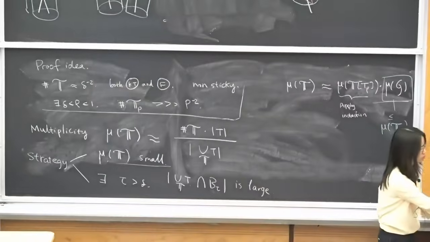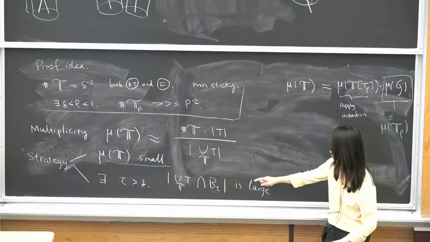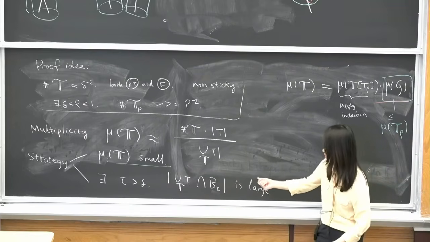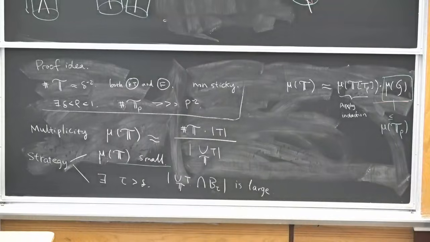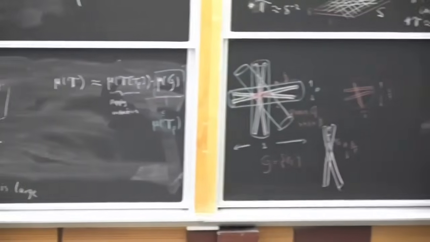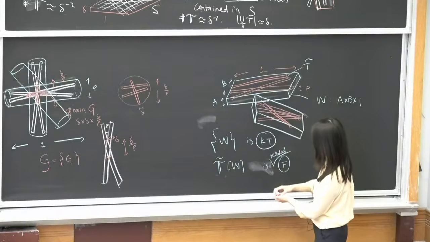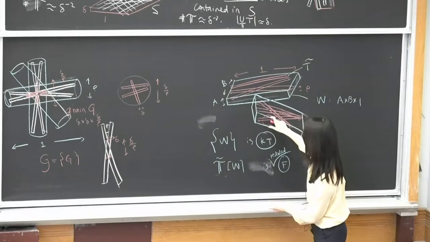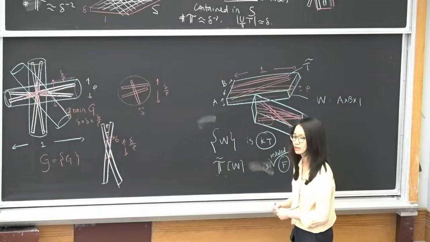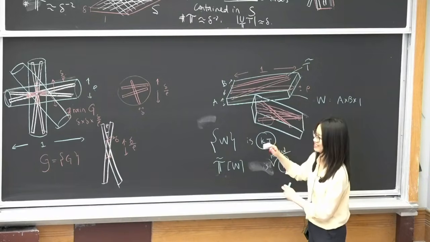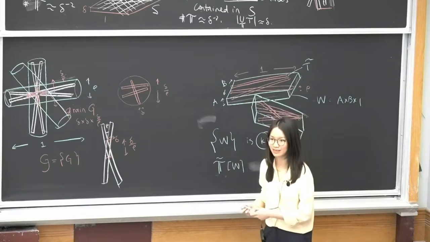If it's Frostman, then we can find a tau ball such that the intersection is large, because this intuition tells us that it should fill out those W so that a typical ball is very dense. That's the second strategy. That's a very high-level, not very rigorous explanation of the idea, but I'll stop here. Thank you.